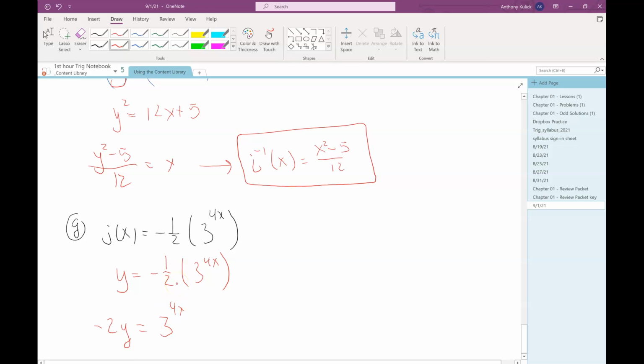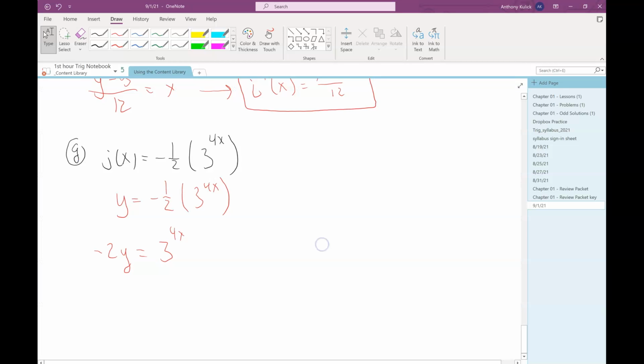That's the same thing as dividing by -1/2. Either way of thinking about it is fine. I like multiplication for reciprocals when fractions are involved, but, you know, to each his own. Everybody okay here? So far, so good? Now we got to get rid of that 3, right? That 3 is an exponent base. Do you guys remember what gets rid of an exponent base?